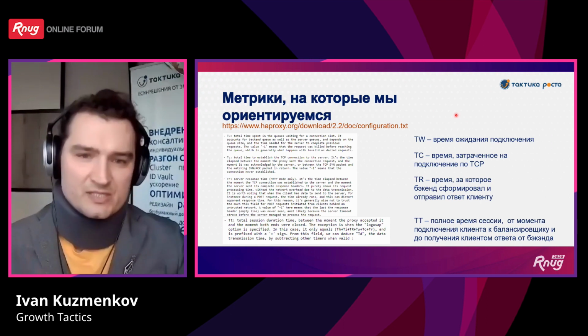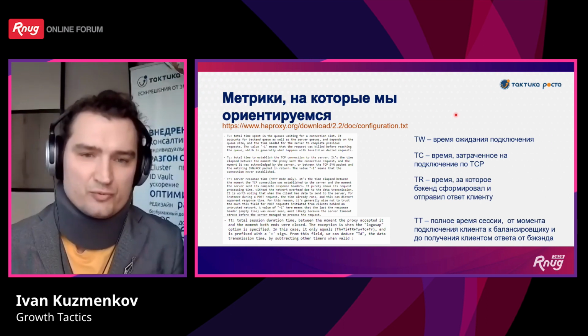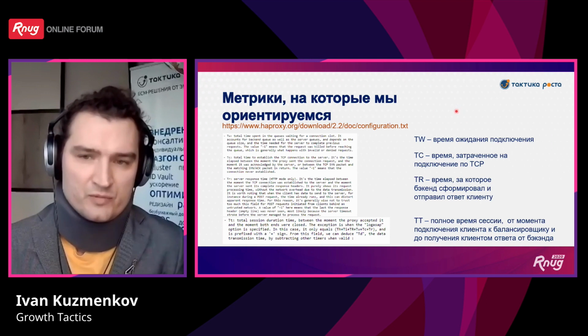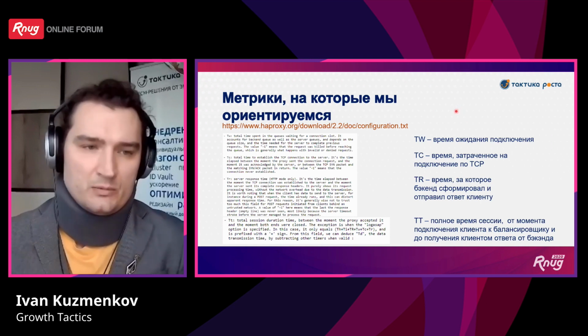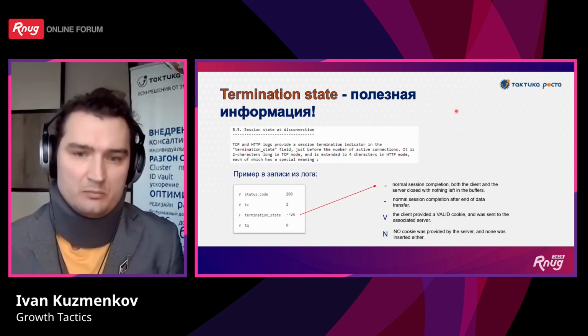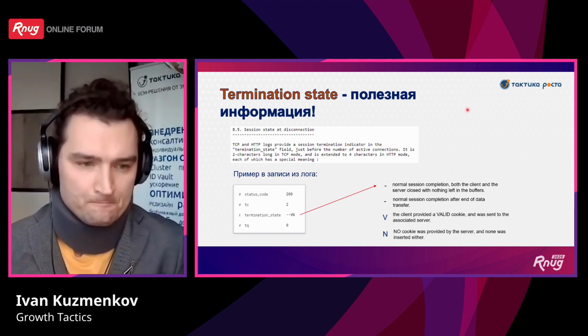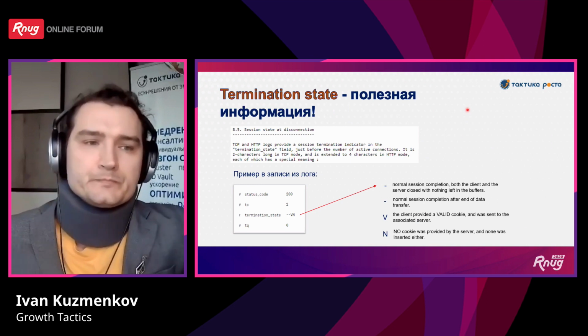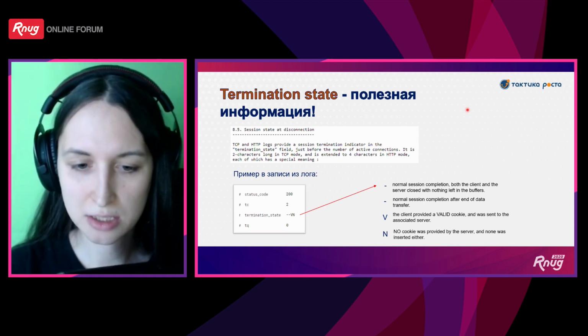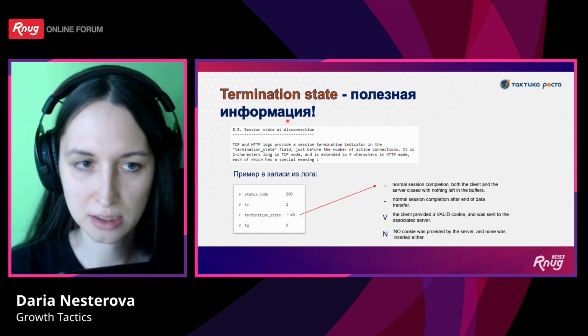It's not the system itself that is slowed down, but the sending of the message on the user's side. So we had all our data to prove it. Another piece of valuable information is termination state.